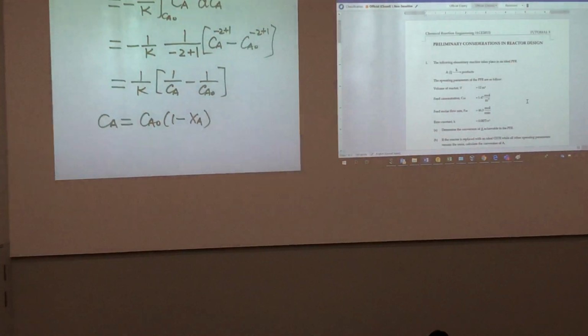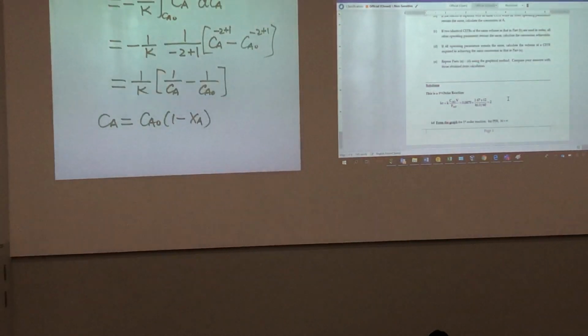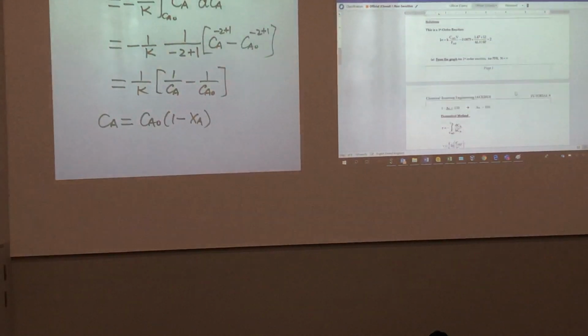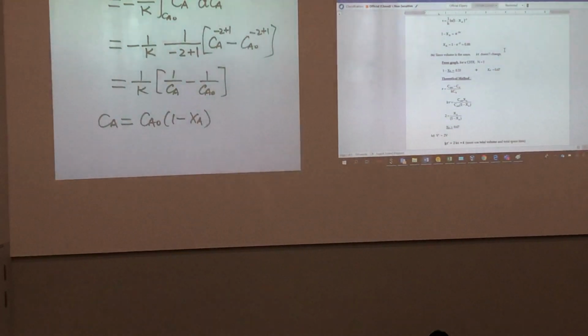So this question already covered both first order and second order. You see, first question say this is the first order, right? Then you need to find out what is the K tau value, which equals to 2. Then take your reading, and you have 2 CSTR.